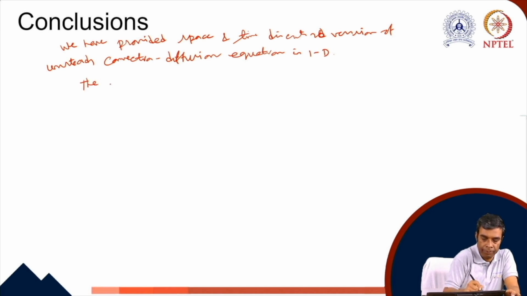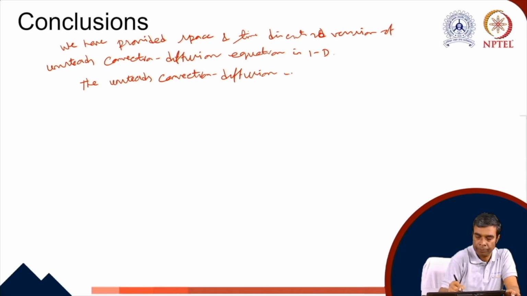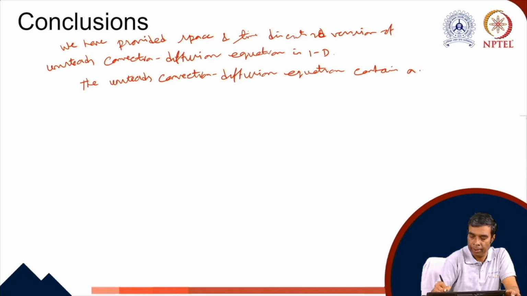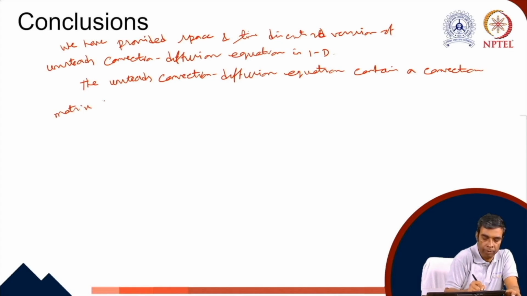The unsteady convection diffusion equation contains a convection matrix and a diffusion matrix.